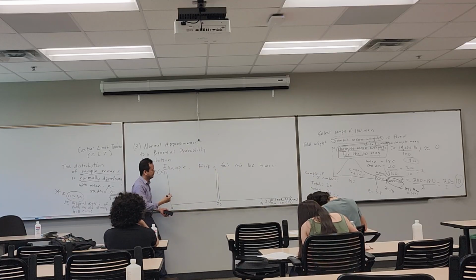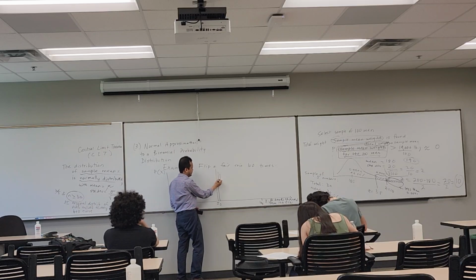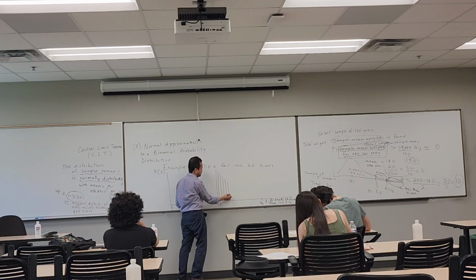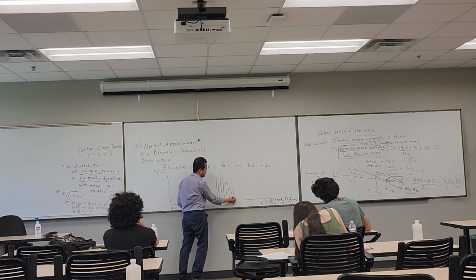And as you move away from 50 heads in either direction for 100 flips of a fair coin, the probability gets less and less that you actually observe that many heads out of 100 flips.